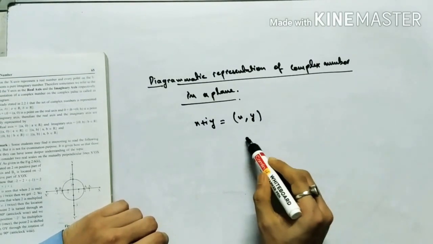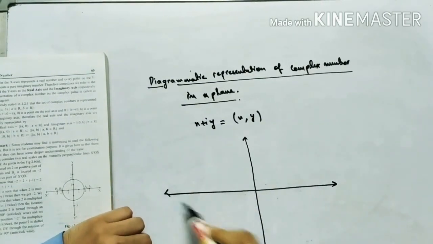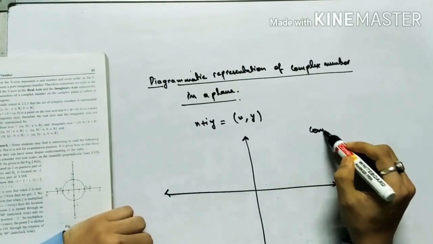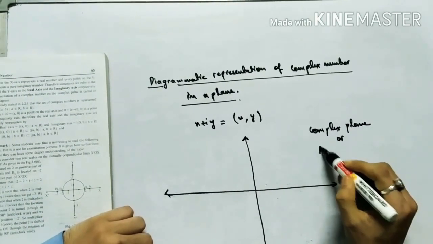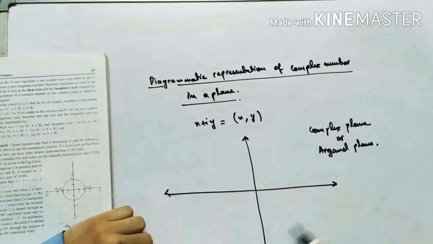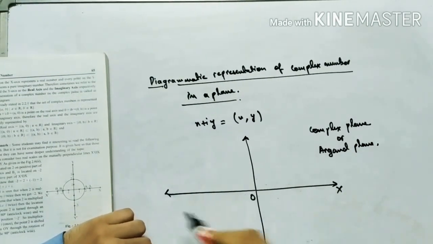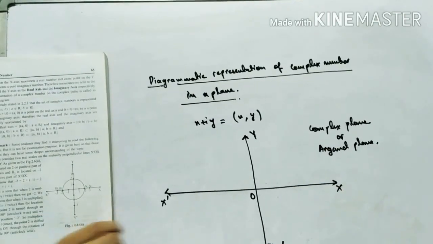So if I draw x-axis and y-axis, I will say it is a complex plane, or I can say an Argand plane. This is x o x dash and this is y o y dash.